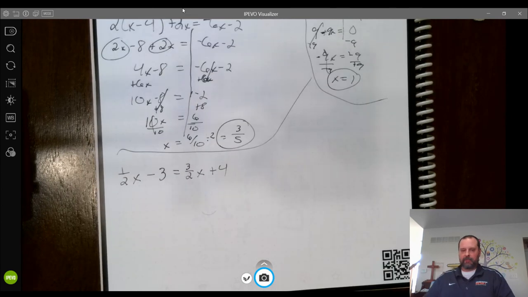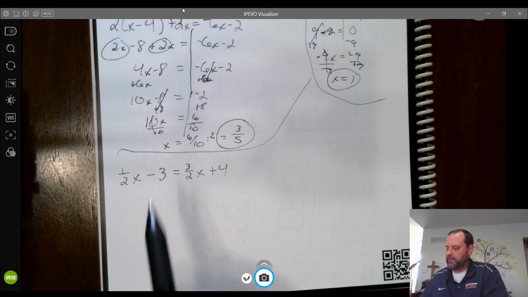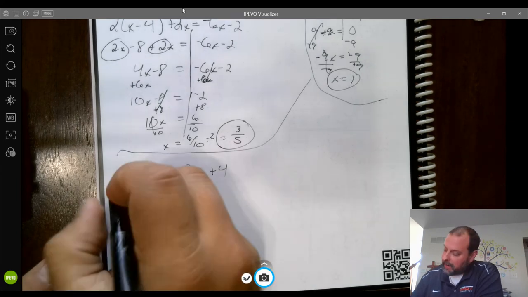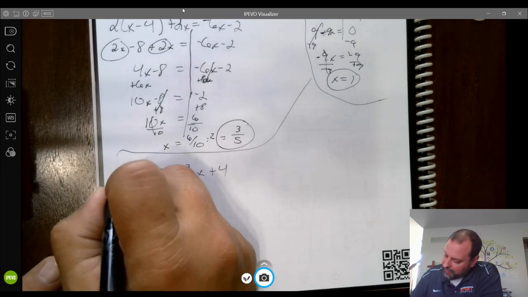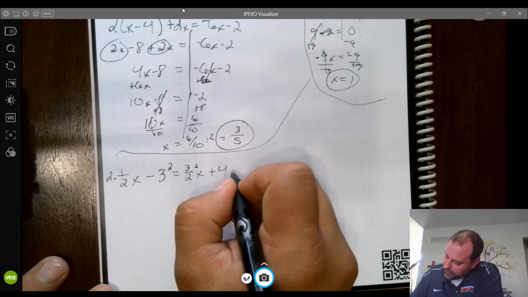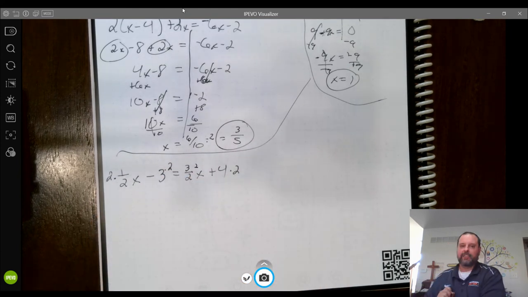All right, last one. Fractions, yay, or boo. Get rid of the fractions. How do we do that? Well, the only denominator, we find the least common denominator, or multiple, it's the same thing, just with denominators if you have fractions. I'm going to multiply everything then by 2, including these constants.